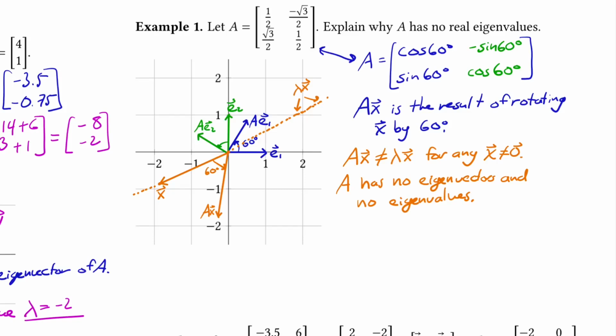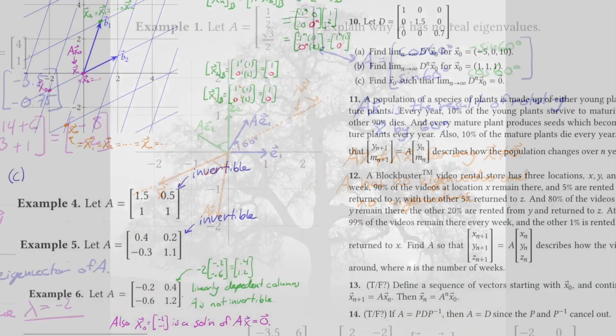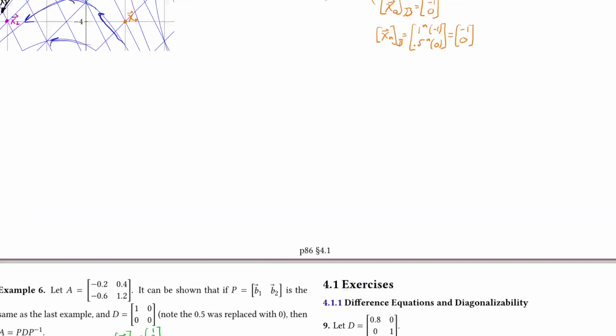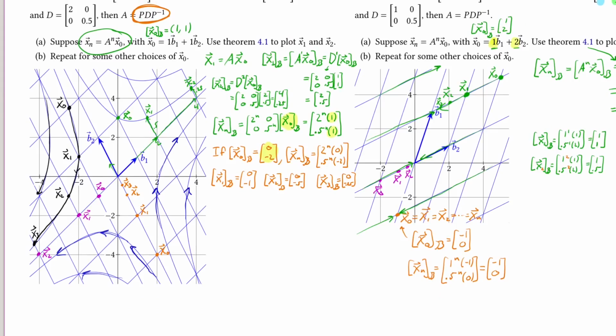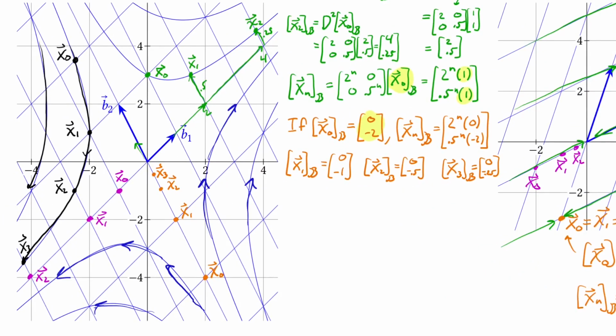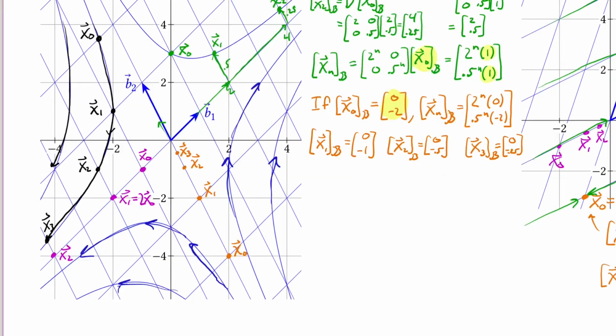Let's actually look back at something in 4.1 really quick from back in the day. Here we have example 4 where there was this matrix A, and we found with this matrix that there were some vectors, like this purple version of x0 right here, where x1 is equal to 2 times x0, right? Remember, the definition of x1 was A times x0.